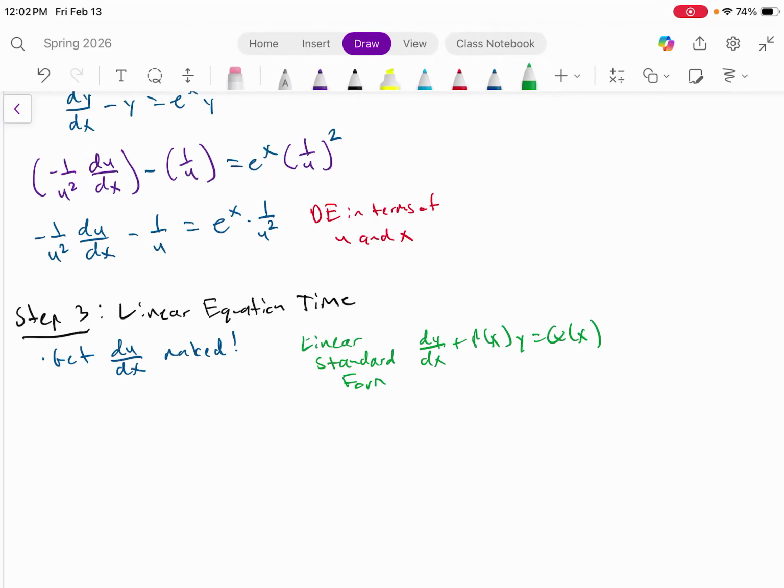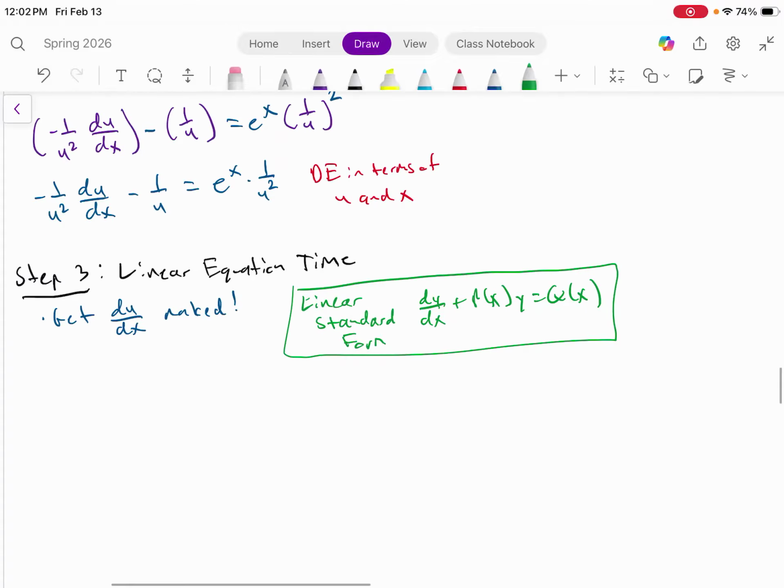Okay, so similar to Bernoulli, but without the y to the power on the right-hand side. But that's our linear equation standard form. So we want to get our new differential equation into this form. And the first thing we got to do is get the derivative naked.